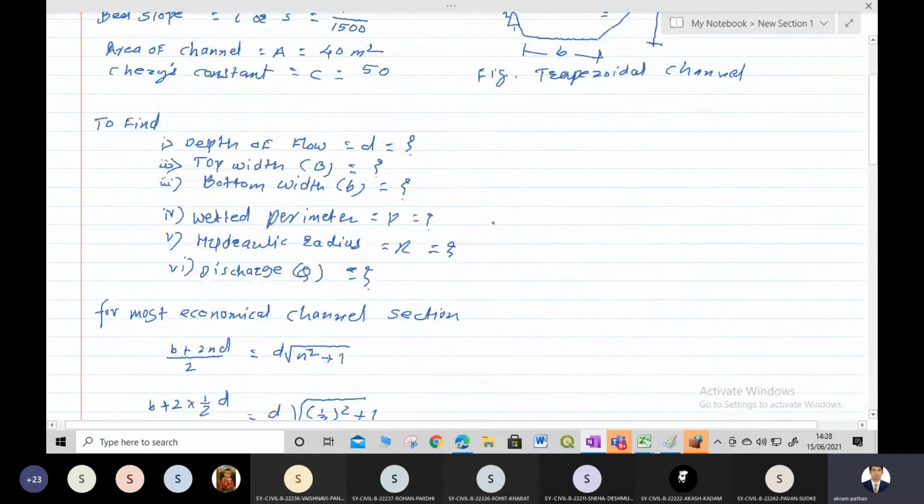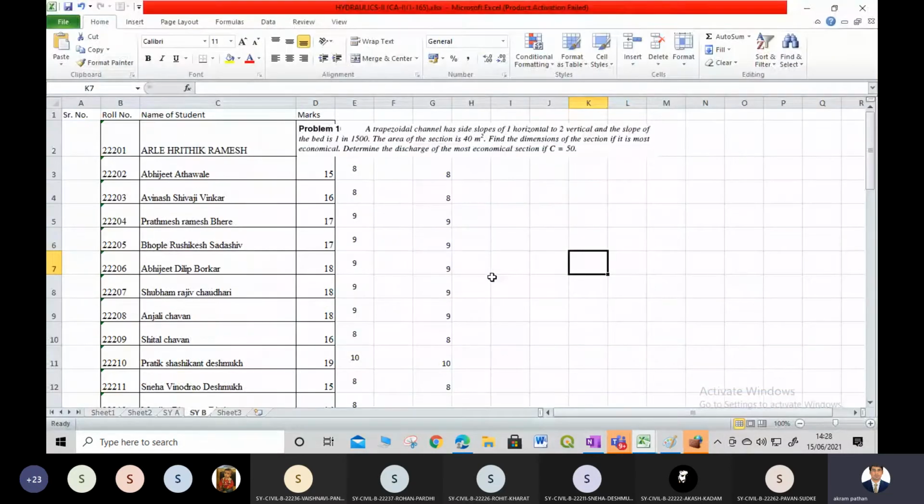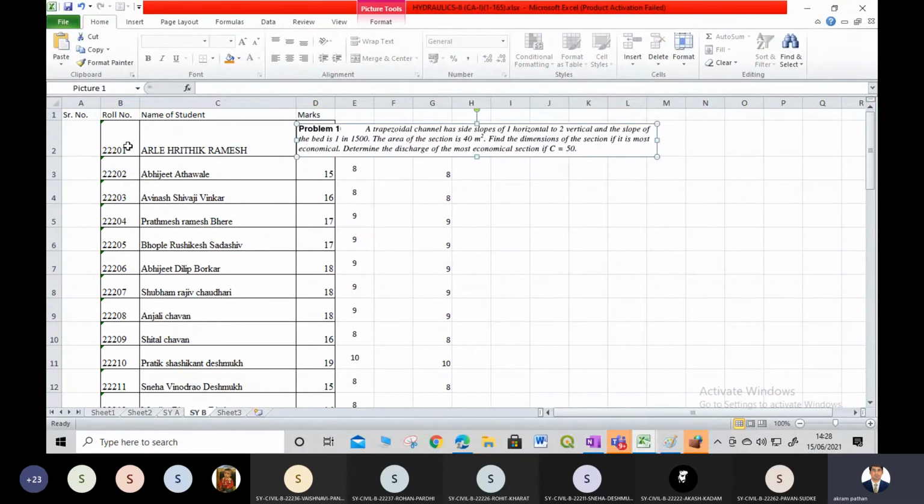After writing this solution for the given problem, for example, see here, I have a list of the students. For example, this is the list of the students, and I have assigned this problem to roll number 22201, Ritik. Okay, this is the problem for Ritik, for example.